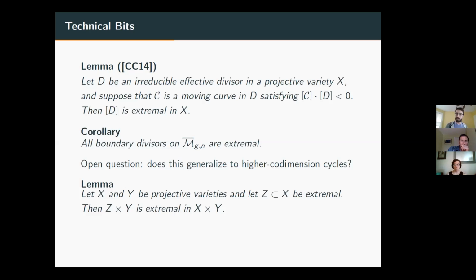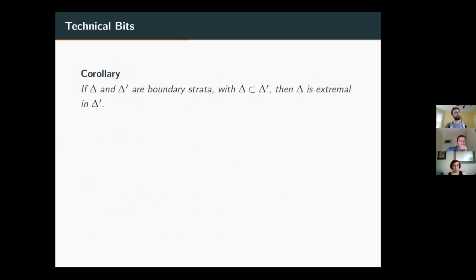And if you know anything about moduli of curves, this is exciting because boundary strata are products of smaller moduli spaces. So there's some hope that you can maybe use some extremality stuff, push them around within each other, and start getting extremality of boundary strata within other boundary strata. And in fact, that's exactly what we're going to do.